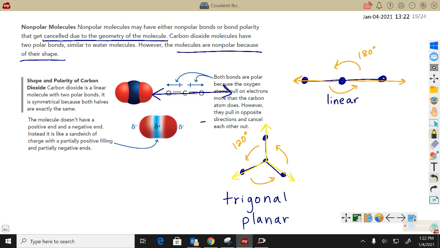You could have pulls because the bonds are polar. The electronegativities are different between the atoms and the bonds. But if those poles are arranged at equal angles, they'll cancel. And then it leaves you with no substantial region of charge. We'd call it a nonpolar molecule.